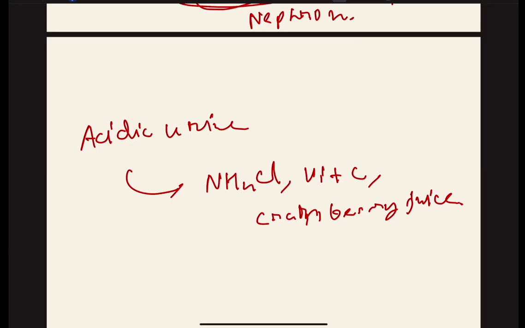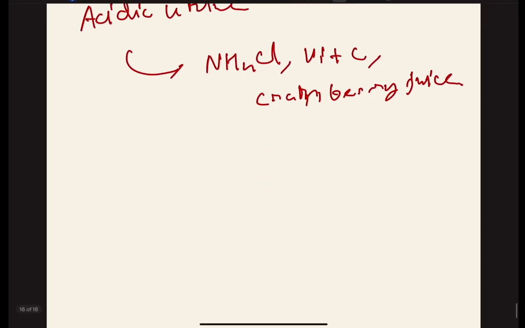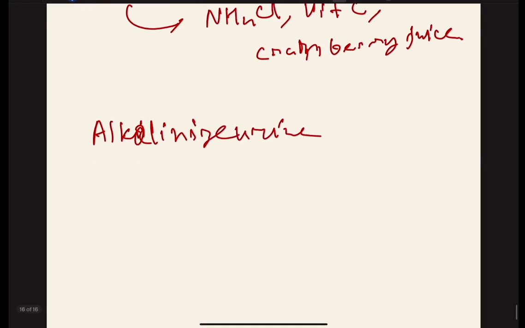So in case of poisoning with a basic drug, we can make the urine acidic. We can also make the urine alkaline. To alkalinize the urine, you can use sodium hydrogen carbonate or acetazolamide.